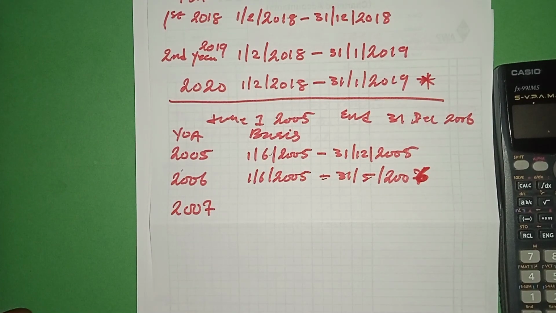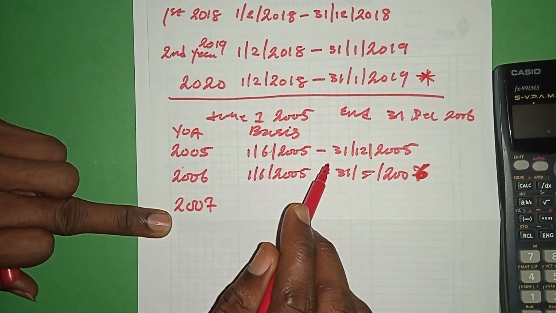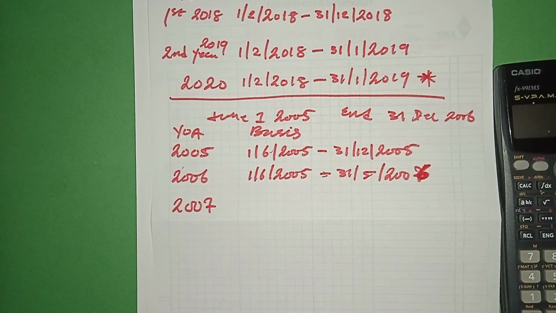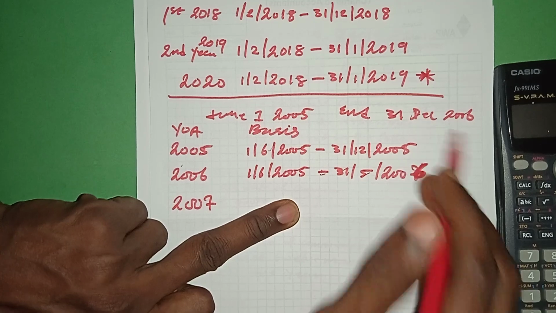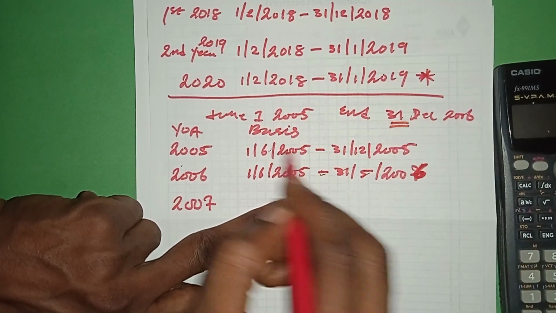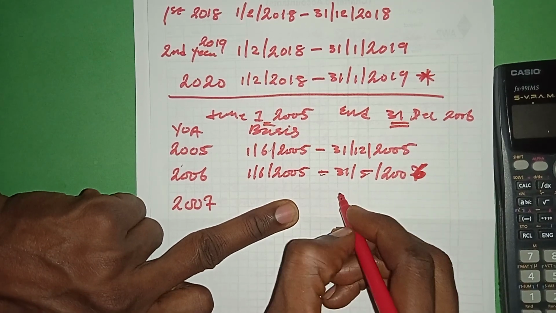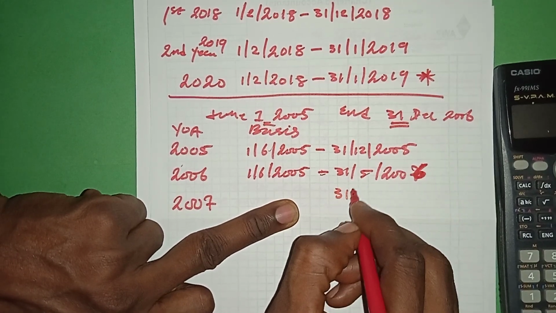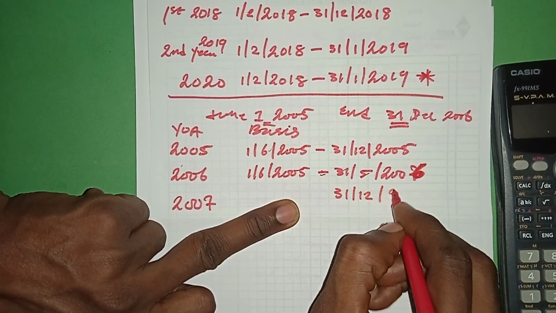Now, let's look at when they made up the account. The account ends on 31st December. That is the year they commence here and end it here. Now you see 31st December 2006.